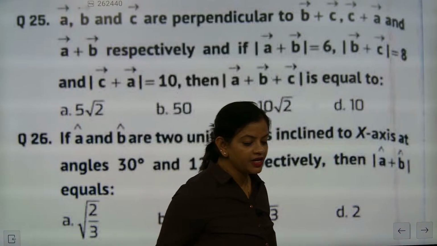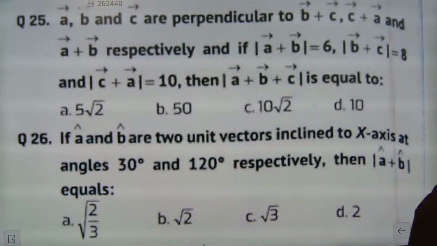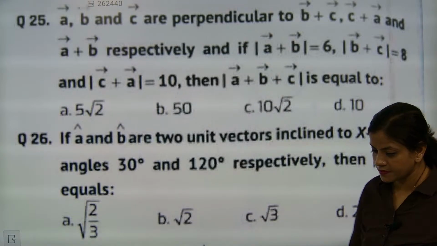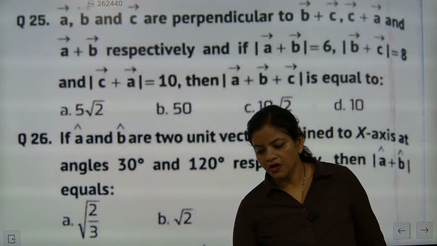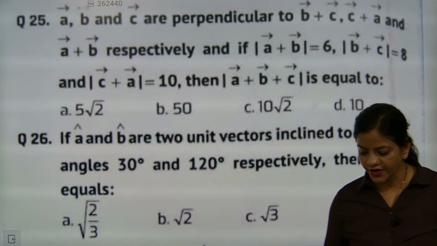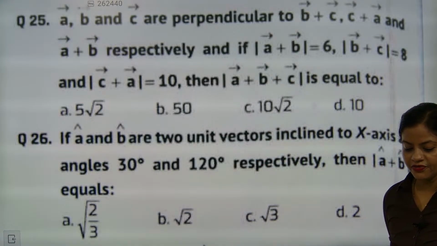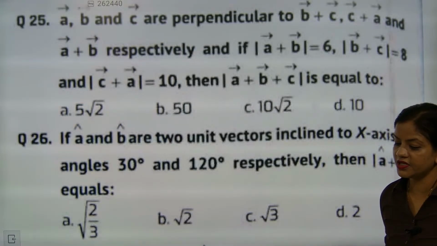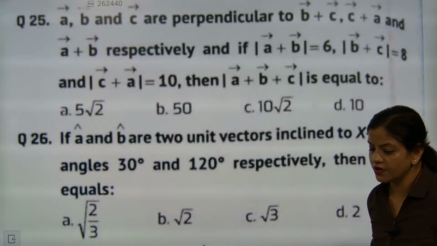Okay, Kishore is telling option is A. What about others? Only one person gave the answer to question number 25. I feel like only one person is going to write the board exam. The rest of the people are not going to write the board exam.